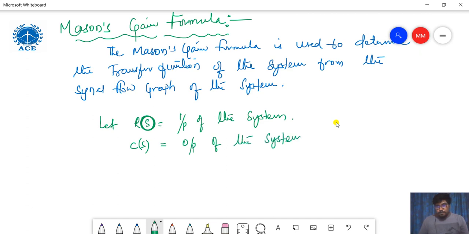Then the transfer function I can name as T of S. Transfer function is equal to the Laplace transform of output by input. This is the transfer function, as you know.